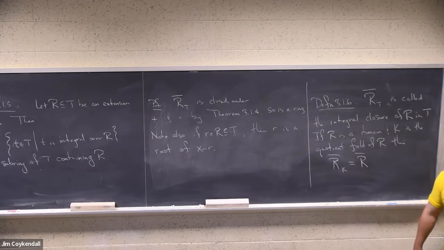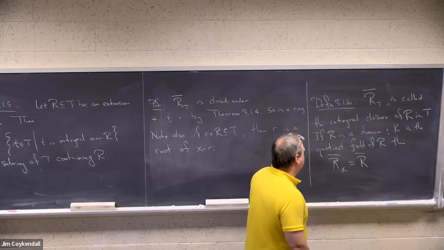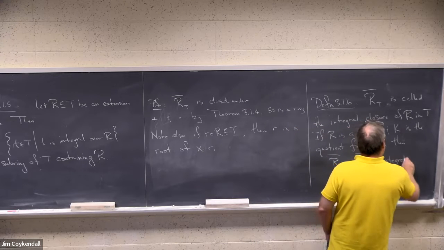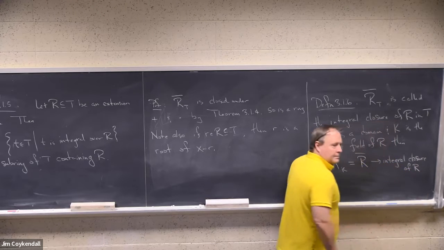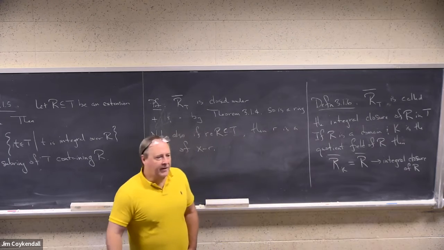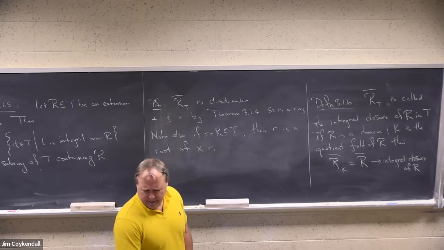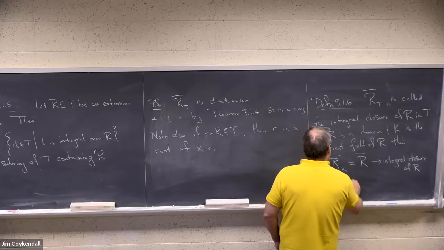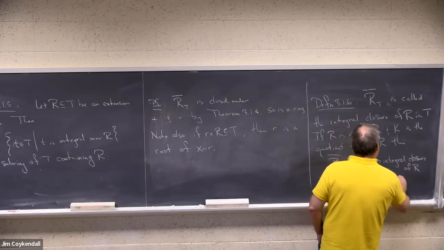Sometimes we suppress the K in this context, and this is called the integral closure. So this is just the set of everything that's integral over R and is also in the quotient field of R.